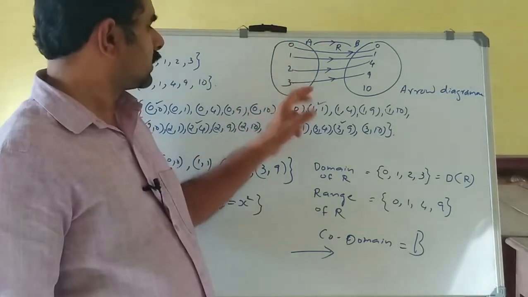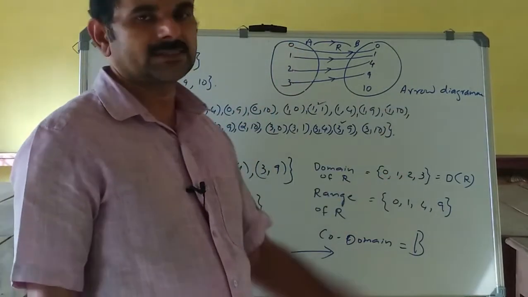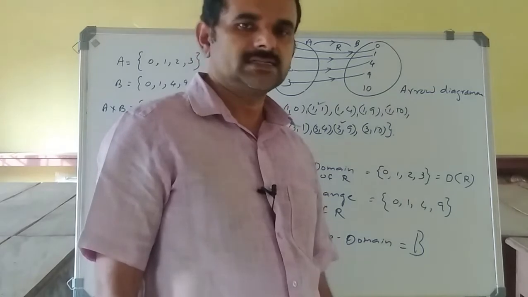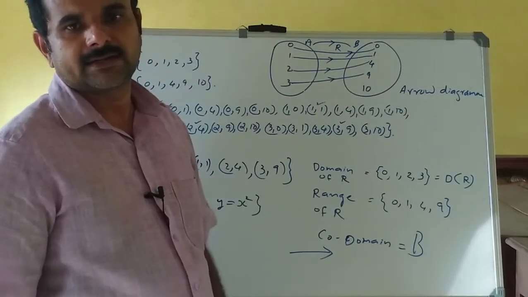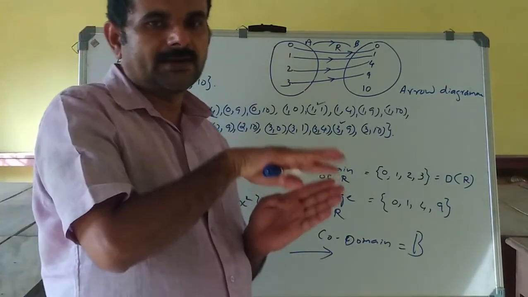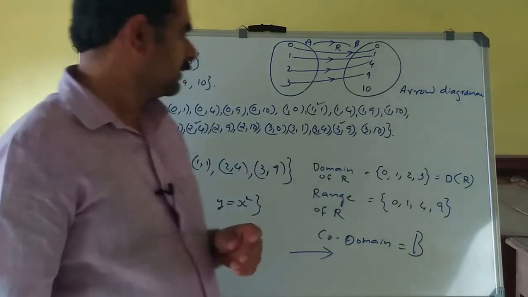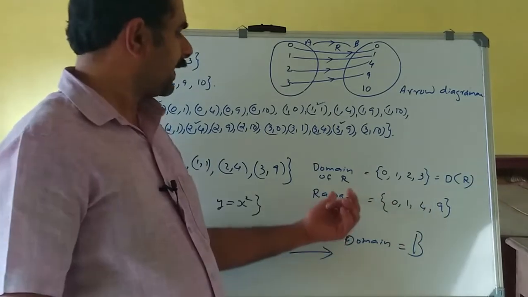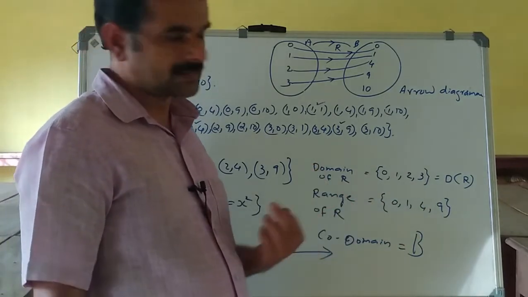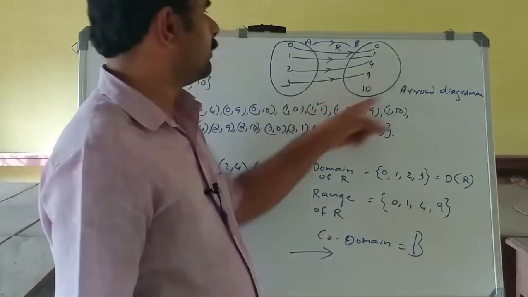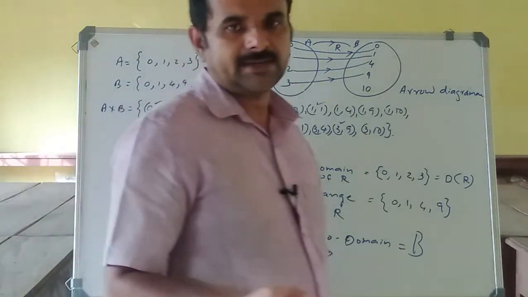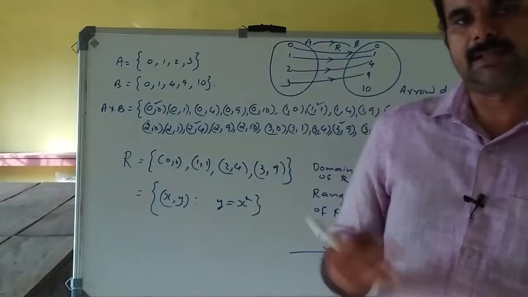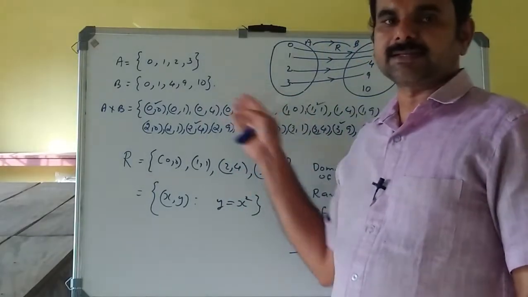The set 0, 1, 2, 3 is the domain of the relation. The set of all elements at which the arrow marks end, 0, 1, 4, 9, is the range of the relation R. And the full set B is also called the codomain. So domain, range, and codomain are the three words connecting this chapter.